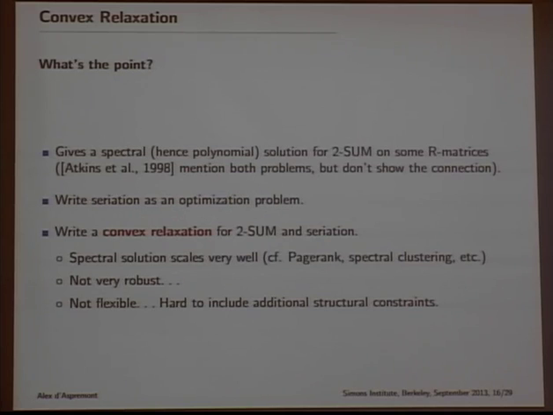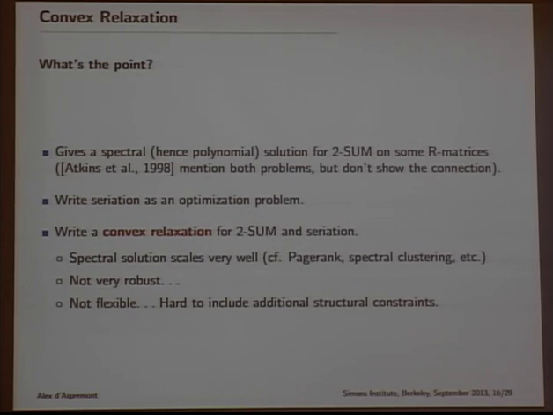But more importantly here, in practice at least, we can now write seriation as a combinatorial optimization problem. And the idea is then to write a convex relaxation for two-sum and seriation. Why? Well, the spectral solution scales very well, but we know it's not very robust.